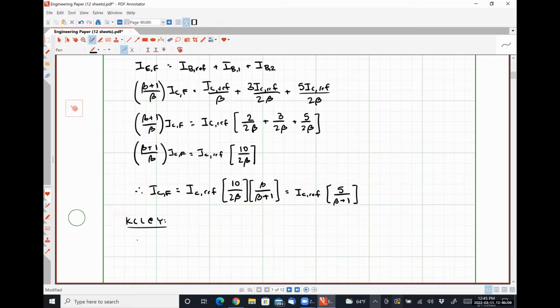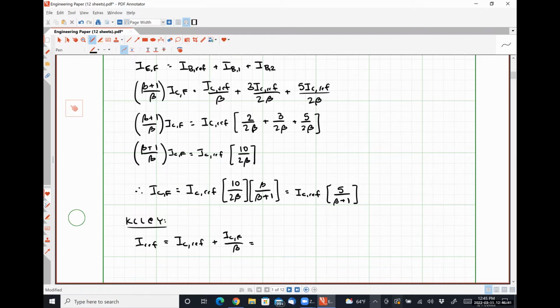So this is going to be I ref is equal to IC ref plus ICF over beta. Because I'm running out of room on this page, I'm going to go ahead and make a substitution into here.